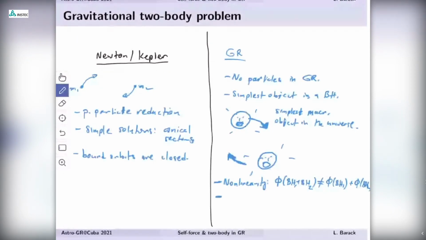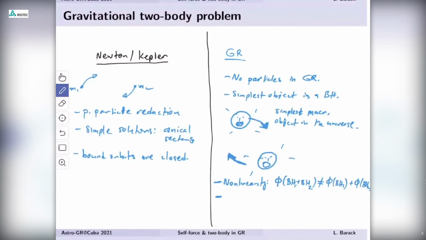But I want to take you a step backwards and say that to apply these kinds of methods, you need to have point particles to begin with, and we don't have those in relativity. Making sense of a picture where you have point particles requires a lot of effort, and I'm going to tell you about that in the next few slides.